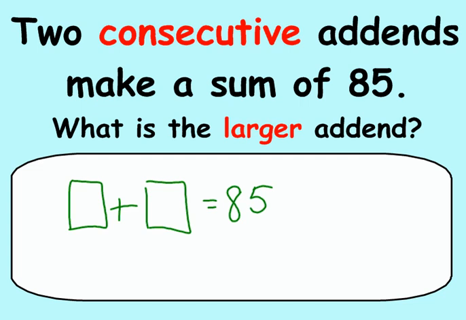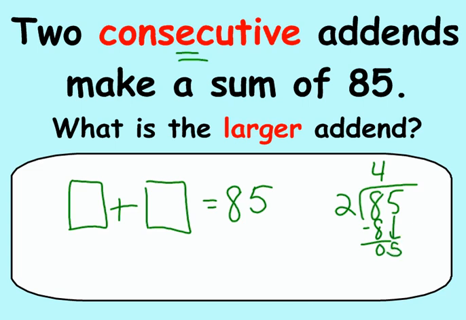Well, here's a little trick. Since there are 2 consecutive addends, if I take 85 and I divide that by 2, it doesn't go in perfectly. But this gives us a good starting point. 42. Let's see if 42 is one of the numbers. Let's take the number after 42, 43. 42 and 43 are consecutive numbers.